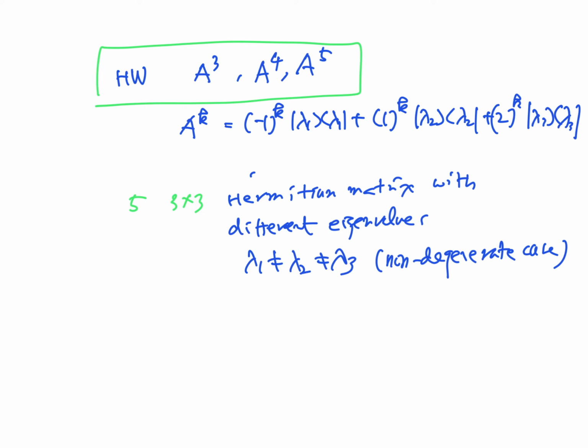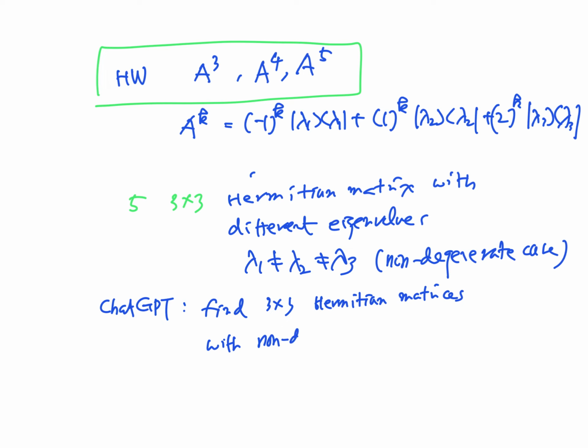with non-degenerate eigenvalues. So you can ask ChatGPT, find 3 by 3, or you can actually say Hermitian matrix with non-degenerate eigenvalue. Can you try this? And check it with ChatGPT. You can find out.